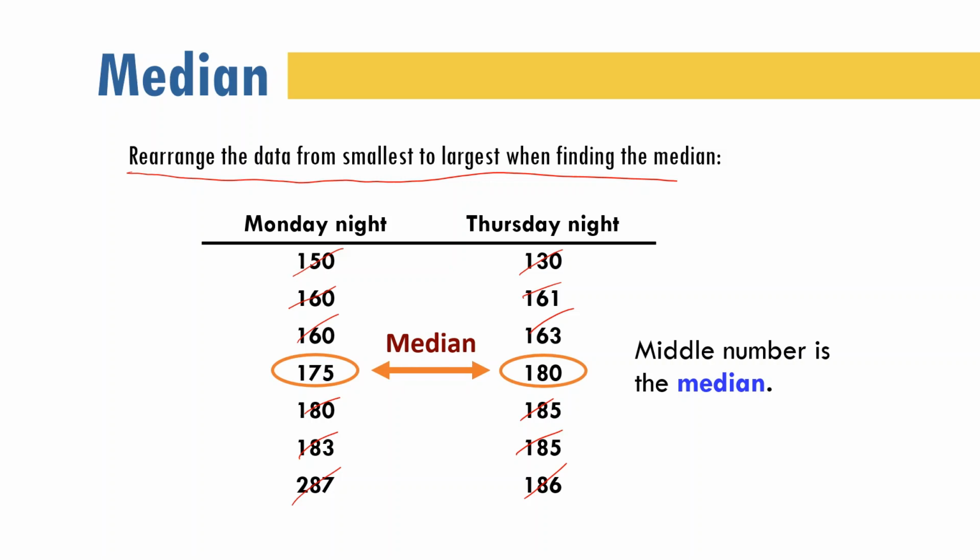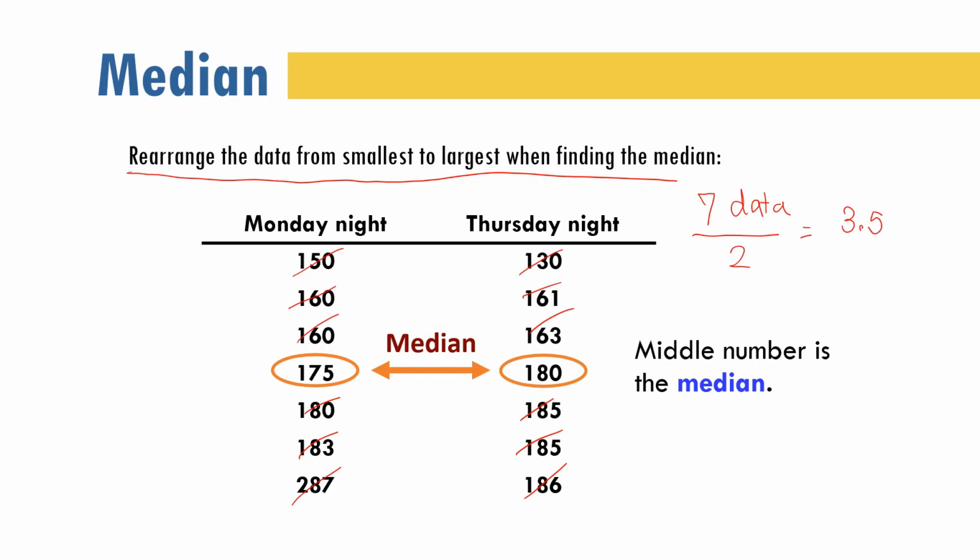And what if you have really big numbers? If you have 10,000 data, you cannot cross out. You have to divide it by 2. For example, in this case, you have 1, 2, 3, 4, 5, 6, 7. You have 7 data, and you divide it by 2, and you get 3.5.